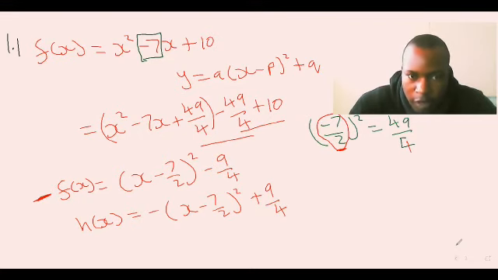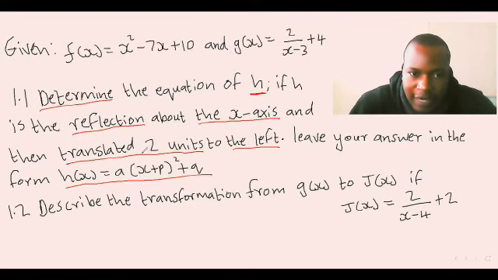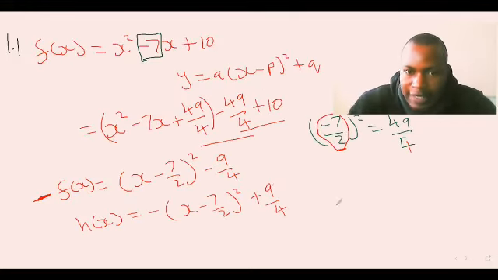We were also asked to translate the function itself 2 units to the left. Remember that translating to the left talks about the p, so we would have to add 2 units to the p.